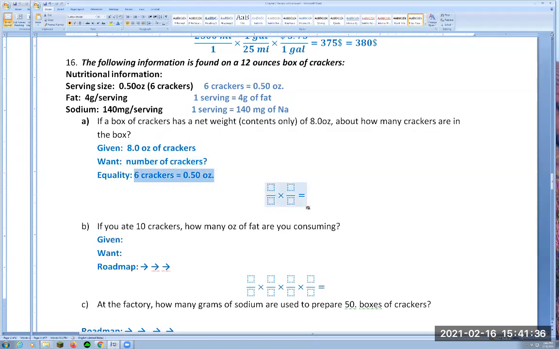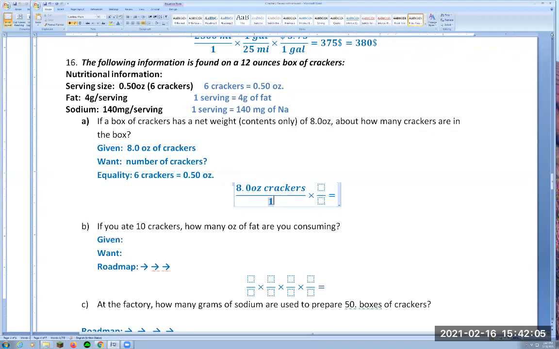So when you're ready to do the calculation, always start with the given amount, and here it's 8.0 ounces of crackers. And because it's just a simple unit here, in the denominator it's going to be a 1, right? There's nothing in the denominator here. So always start with the given amount in the numerator.